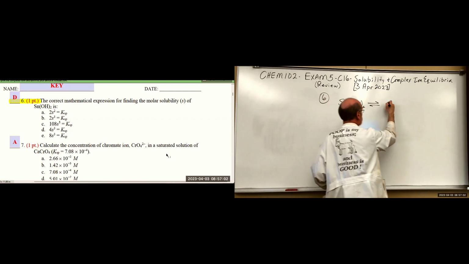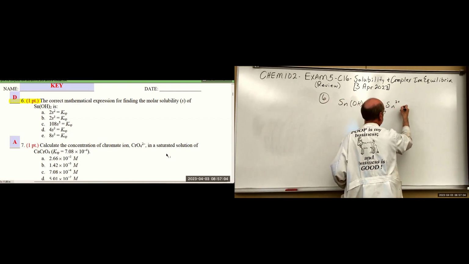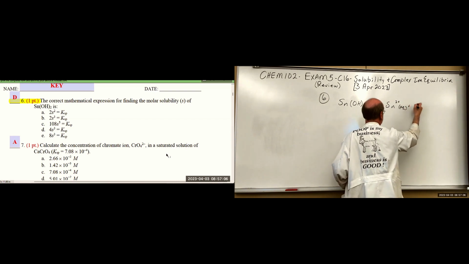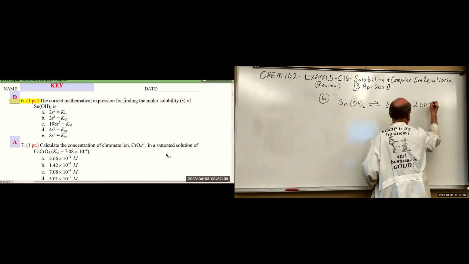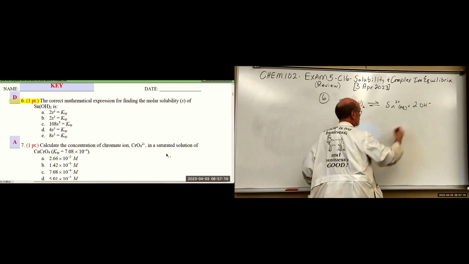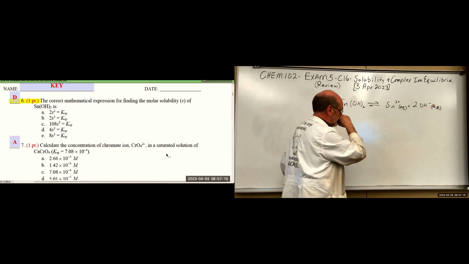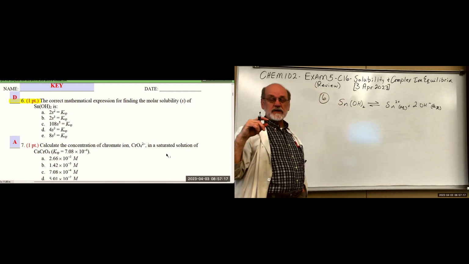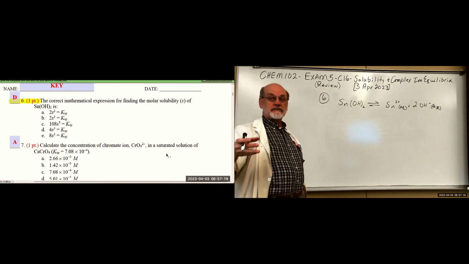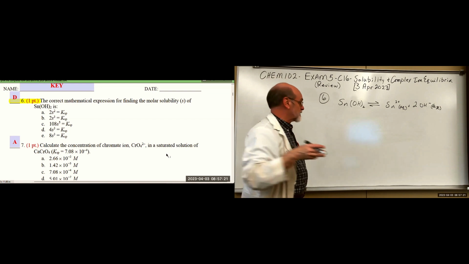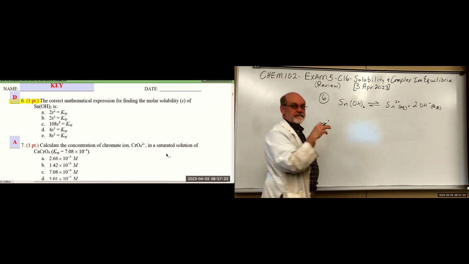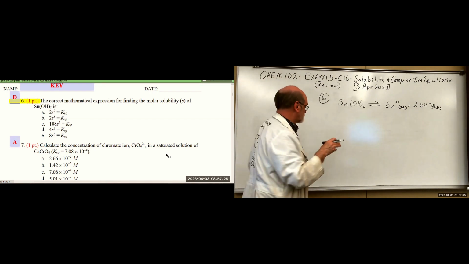All right, so it's going to break up into that and 2 of these, aqueous. So we're looking for the general expression for finding the solubility if we know the KSP.